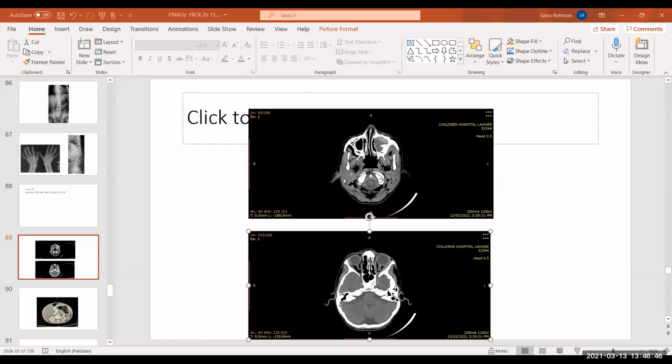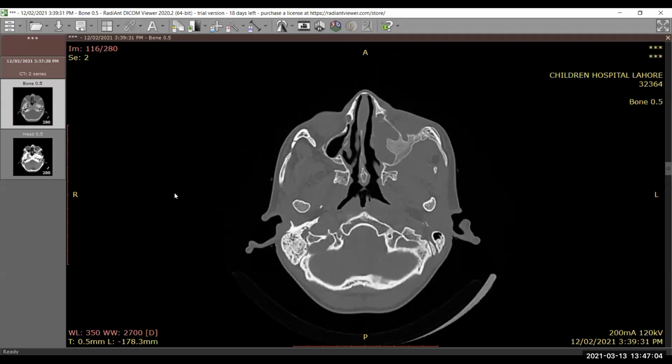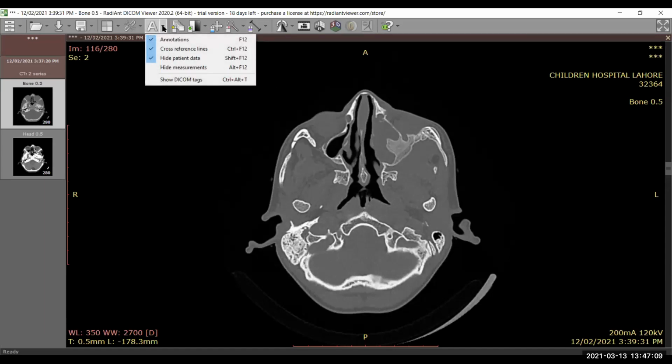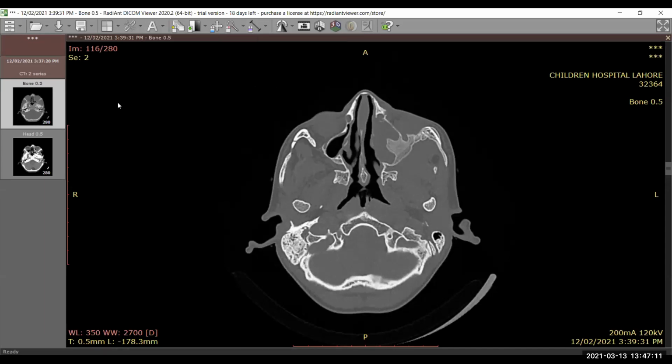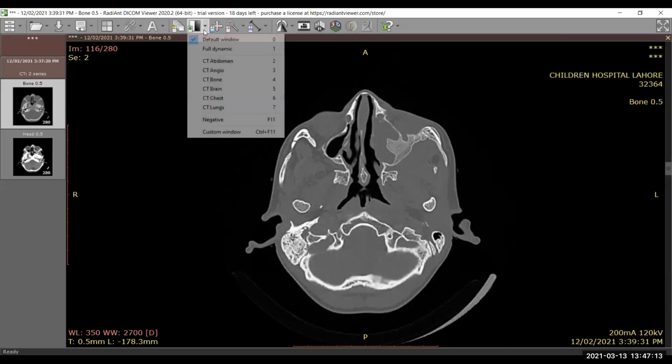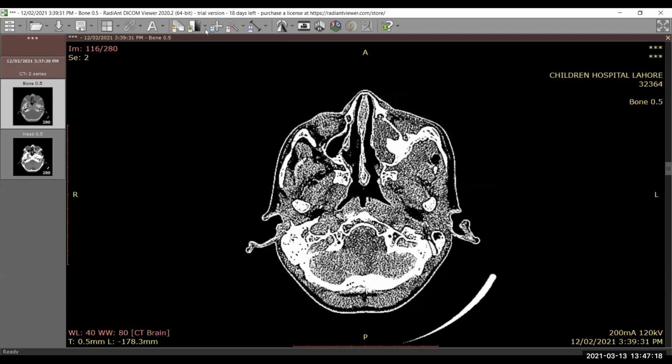Okay, this is the case. Can you see it now? Yes, I can. Okay, first we'll do the soft tissue window. Sorry.